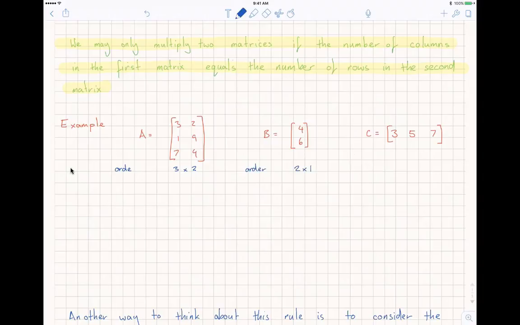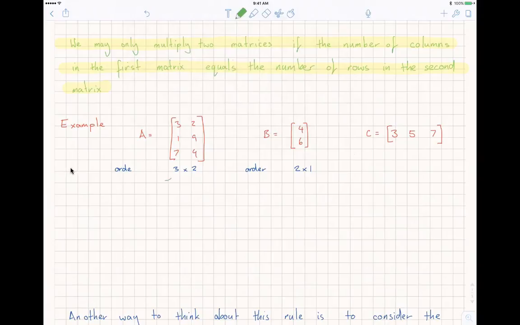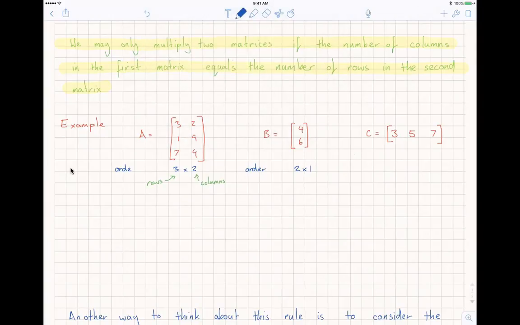So if you've forgotten what order is, remember that's the number of rows multiplied by the number of columns. So C, we've got 1 row and we've got 3 columns. So it's a 1 by 3 matrix.